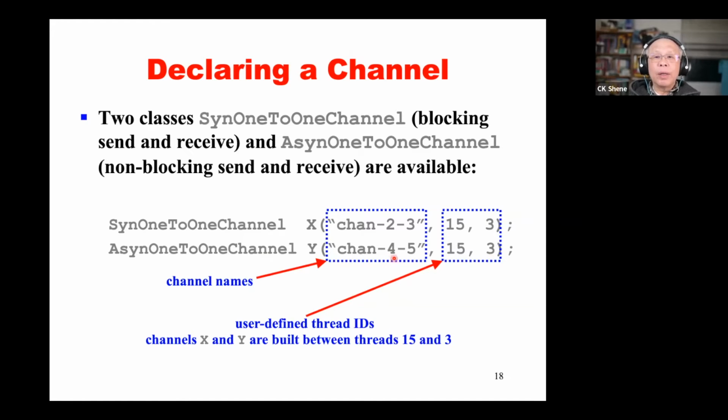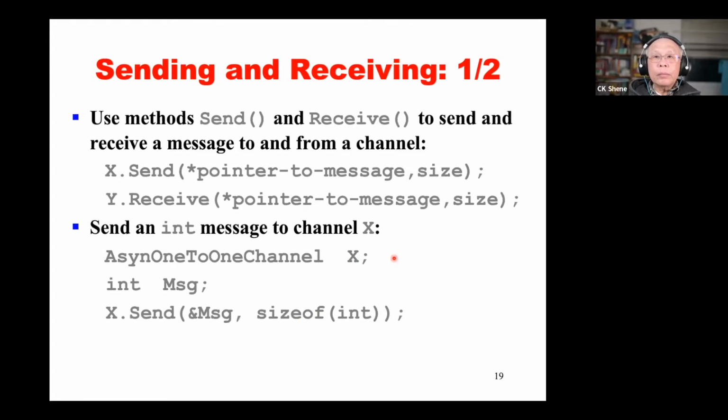So this is very easy. Here, we only provide you two methods for each channel, send and receive. Of course, a channel can be declared or allocated using pointers.